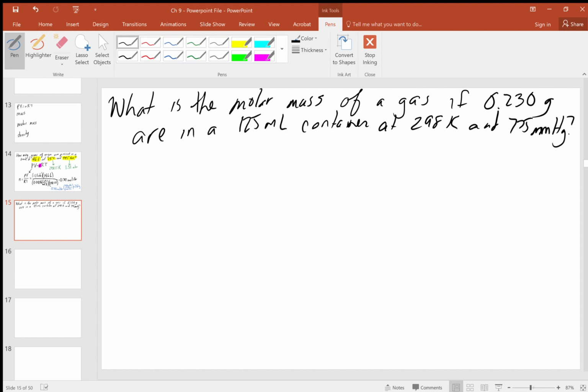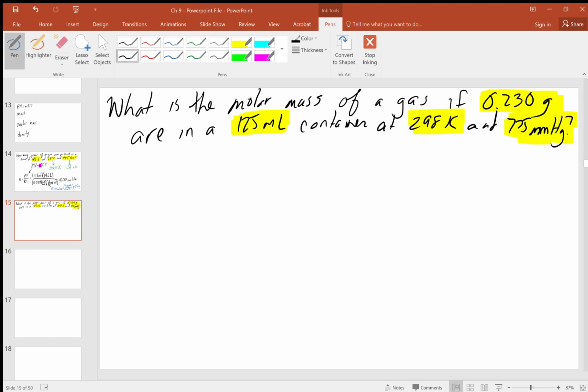So here, we're trying to determine the molar mass. And what information do we have? We have volume, we have the mass, we have temperature, and we have pressure. So our pressure is 775 millimeters of mercury.